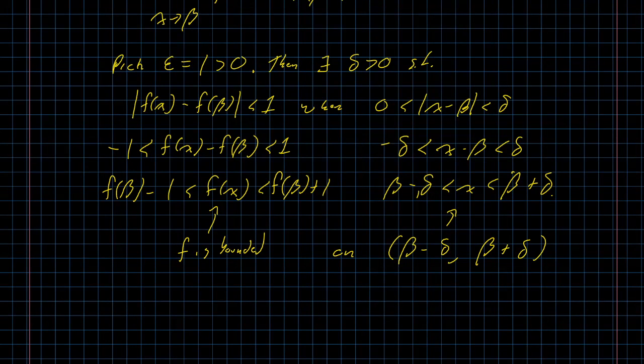That first inequality gave us that f of x is bounded. We have a lower bound and an upper bound. The second inequality gave us the interval on which it is bounded, which is from beta minus delta to beta plus delta.